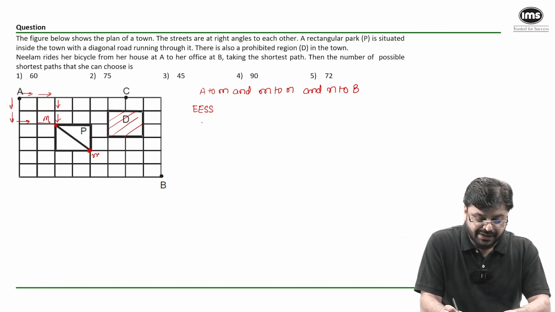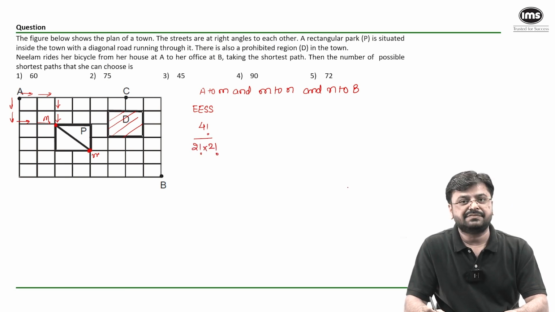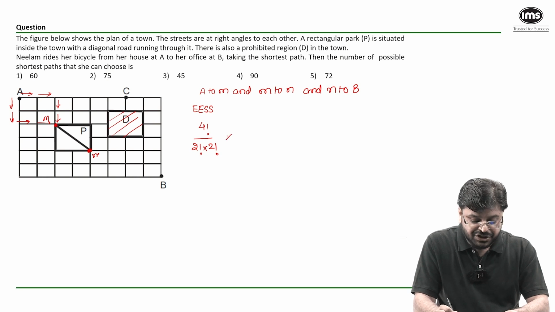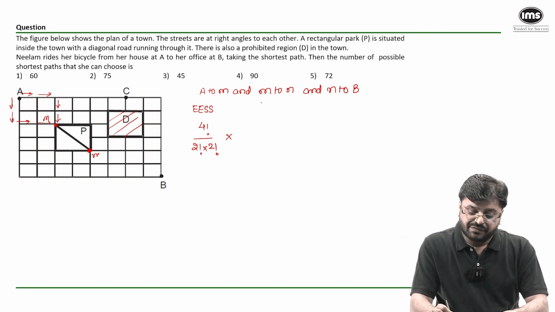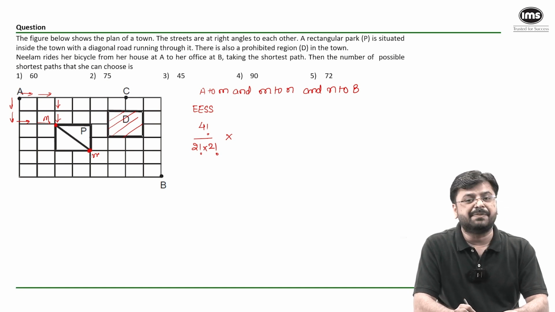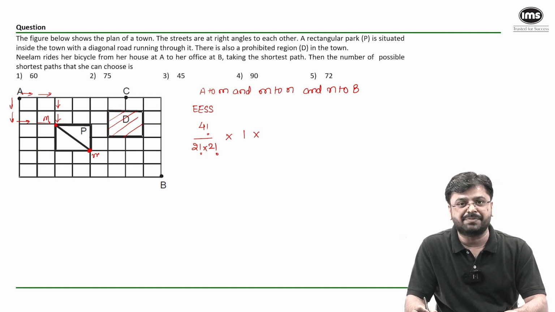So this can be done in factorial 4 upon factorial 2 into factorial 2. And then multiplication, in the fundamental principle of counting, we discussed this concept. From M to N, the shortest path is 1. The diagonal is the shortest path here. So there is only one way to reach from M to N if you are following the shortest path.